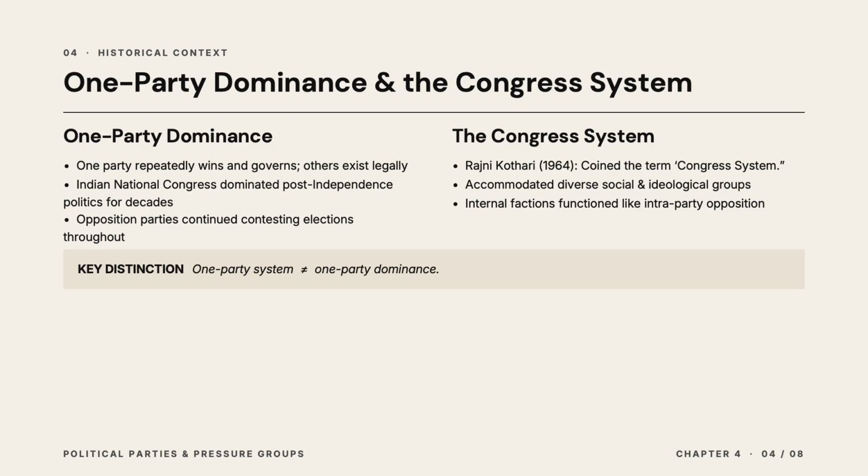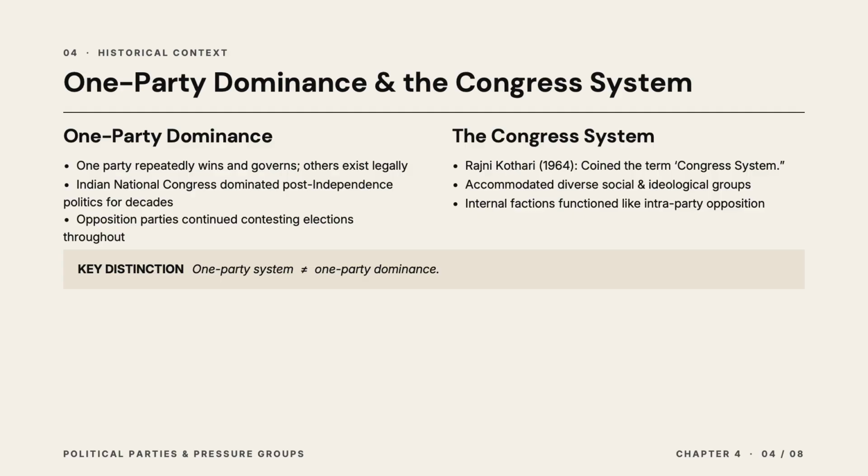So Rajni Kothari talks about the Congress system in which the Indian National Congress accommodated the diverse social and ideological groups into their party. Internal factions function like an intra-party opposition, even though they differ in ideology. They try to put them all under one umbrella, the INC, the dominant party.